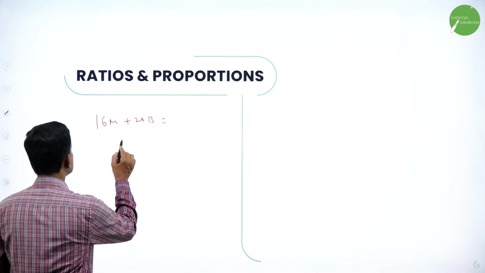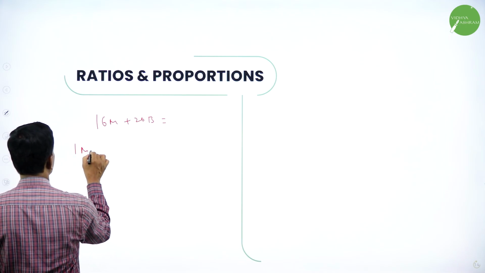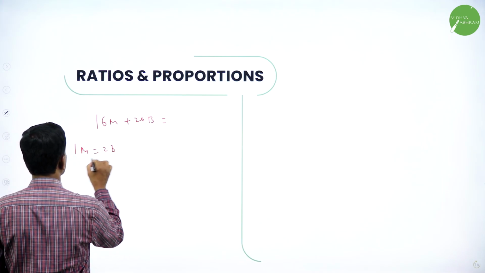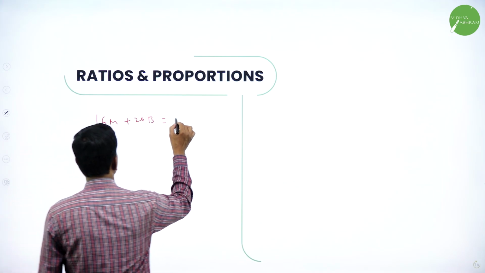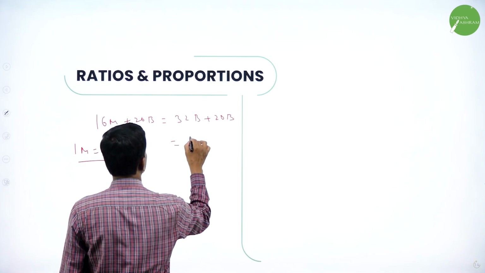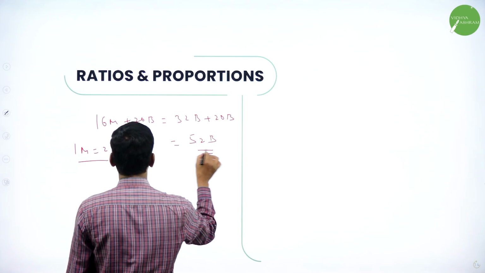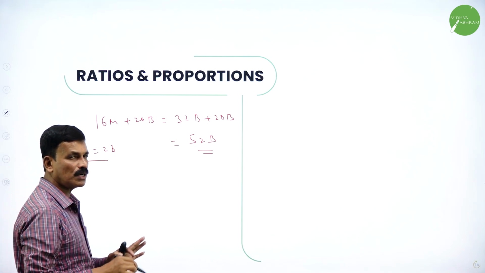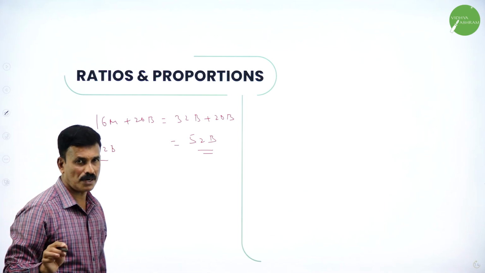So just convert men to boys, because 1 man is equal to 2 boys. So 16 into 2, 32 boys plus 20 boys, that's equal to 52 boys. That means 16 men and 20 boys is equal to 52 boys, right?